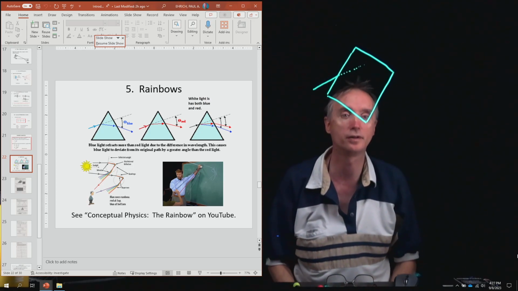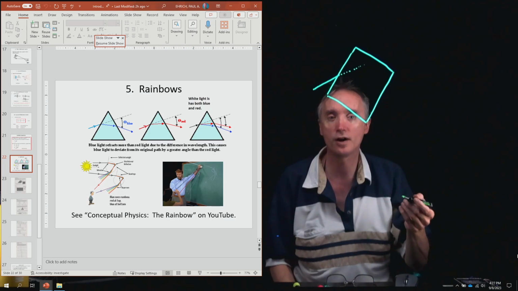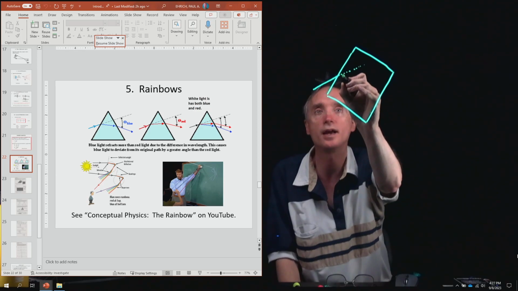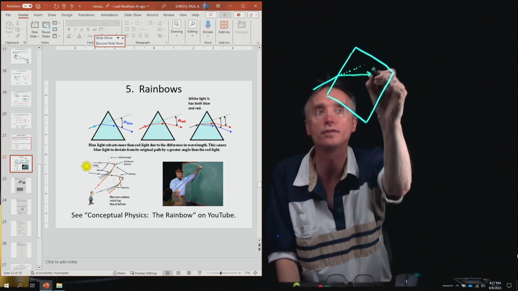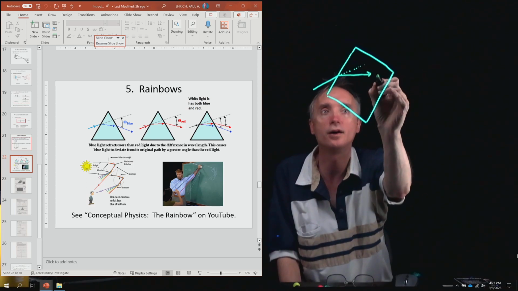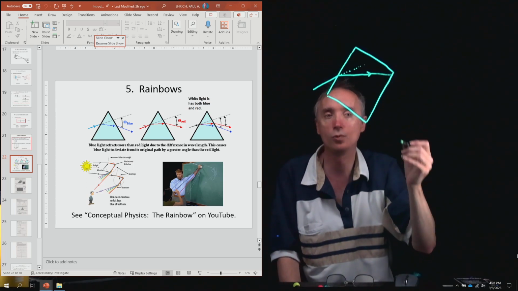It'd just go in a straight line. But we know that because of refraction, what's going to happen is it's actually going to go in this direction like that.